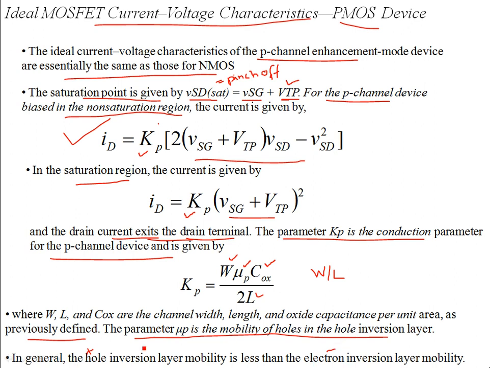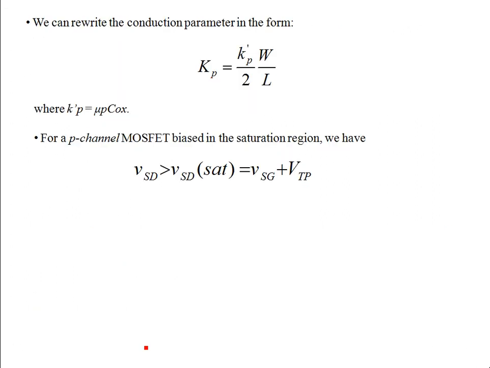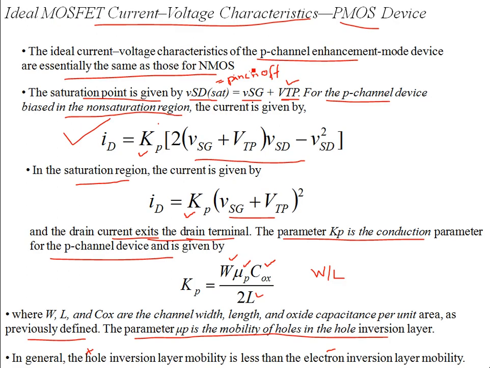Holes are electron deficient atoms, so these are heavier charge carriers. So we can write Kp as Kp prime, which consists of electrical parameters, the hole carrier mobility and the oxide capacitance. Basically these two expressions are the same.